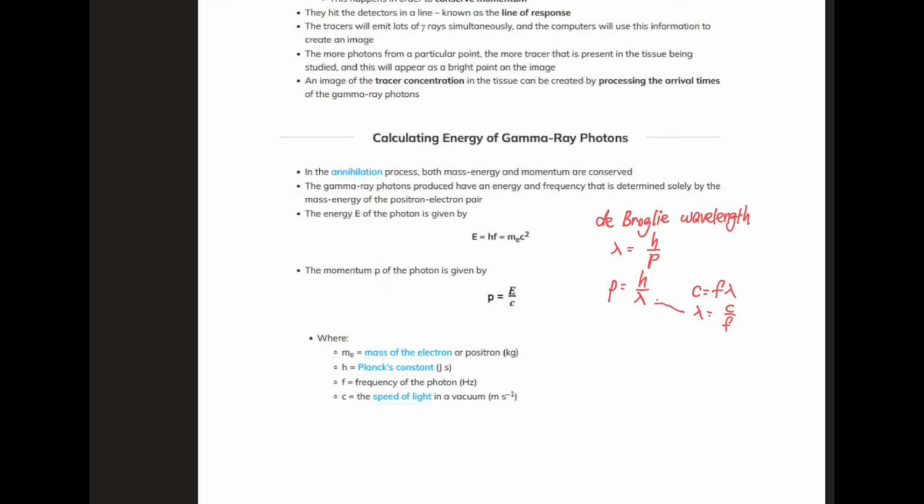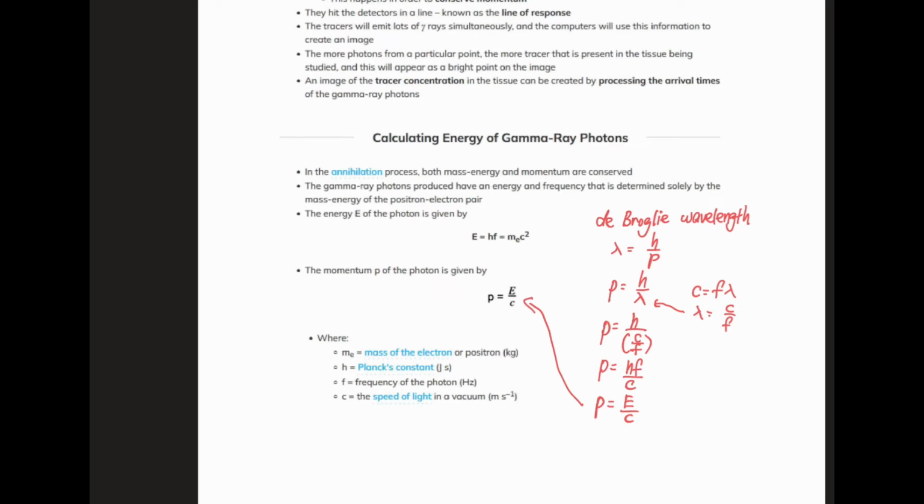You can substitute at the bottom. So p equals h over c over f, so p equals hf over c. And you know hf is energy, so we get p equals E over c. So from the de Broglie wavelength, we can get this formula.